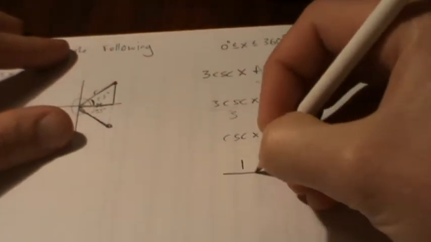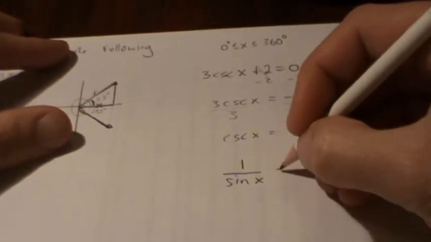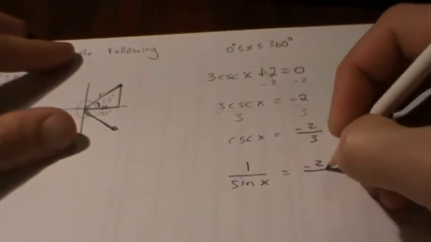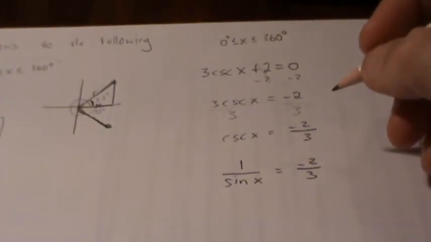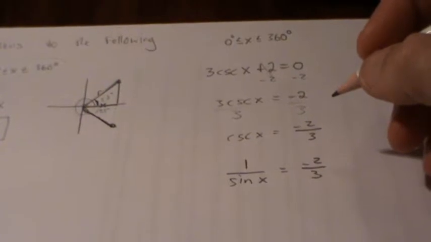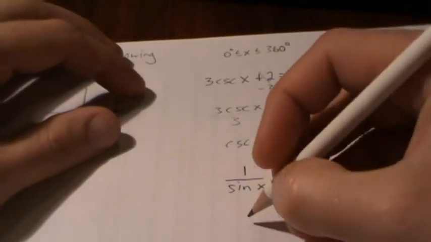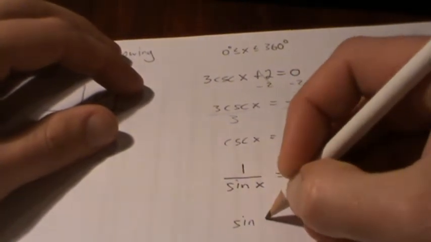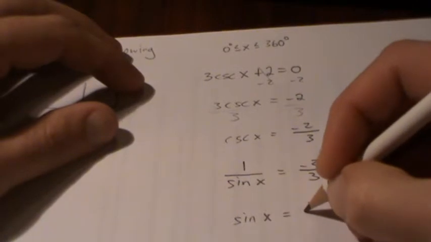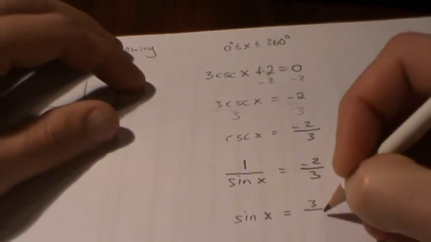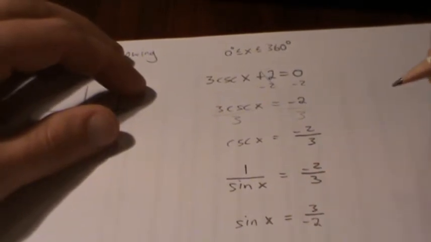Now I'll use an identity to change cosecant x into 1 over sine x. Then I'll reciprocate both sides. Sine of x is equal to 3 over negative 2.